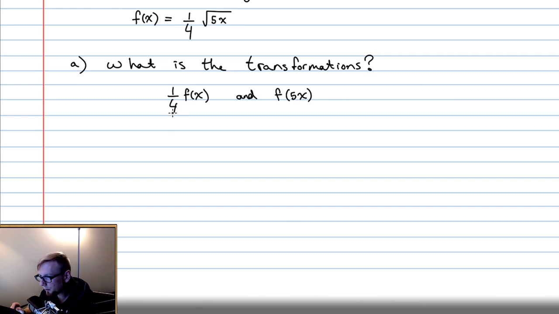Originally, if you have a value, let's say it's 1, you multiply it by 1/4, well, it shrinks it. And it shrinks all its values. So that would shrink the verticality of it. It would shrink. Vertical shrink.